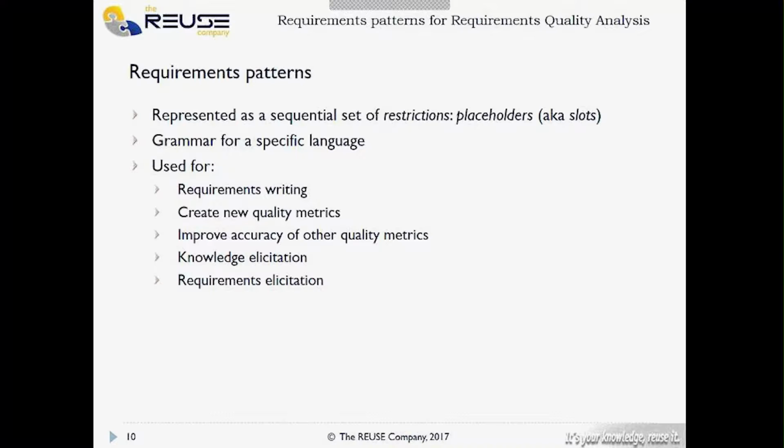So we use these patterns for requirement writing, but also to create new quality metrics based on these patterns. You know that with RQA, out of the box, you have a large number of well-known metrics. However, you can create your own metrics, and some of them are based on the concept of pattern.